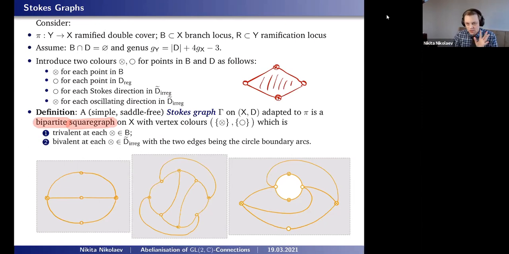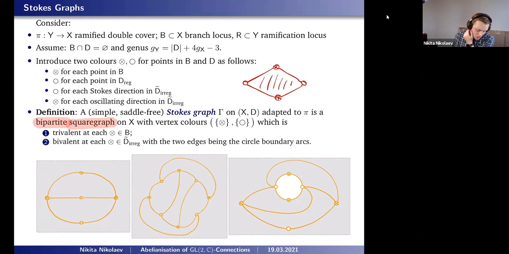Okay, and there are some rules that basically correspond to these adjectives that I mentioned here in brackets. So first of all, at each branch point, I want these graphs to be trivalent. For example, in this example, here is a branch point and you have exactly 3 edges coming out. So that's what we mean by trivalency.